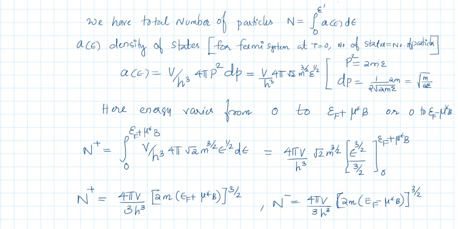Substituting the limits, the total number of particles in the first group, n plus, is equal to 4 pi V by 3h cube into 2m times EF plus mu star B, the whole raised to 3 by 2. Similarly, the number of particles in the second group will be n minus equal to 4 pi V by 3h cube 2m times EF minus mu star B, the whole raised to 3 by 2. There is only a change in this limit, and you get this value.